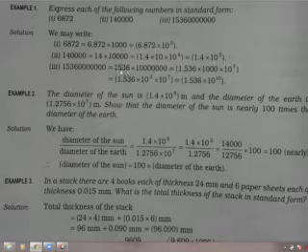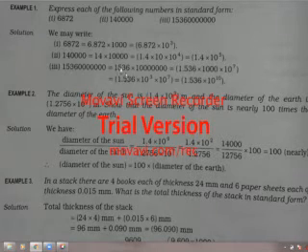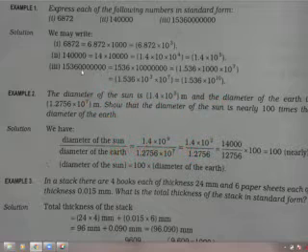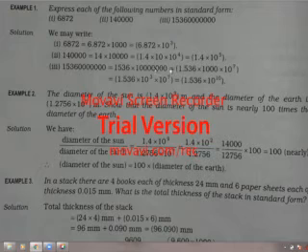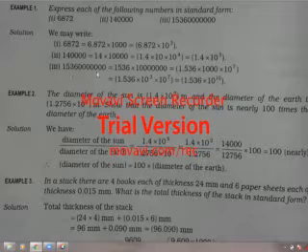So 1536 into 10 crore. Again after 3 digits a point has been kept. As many zeros as there are, 1 with all those zeros has been kept. If you count 1, 2, 3, 4, 5, 6, 7, there are 7 zeros.